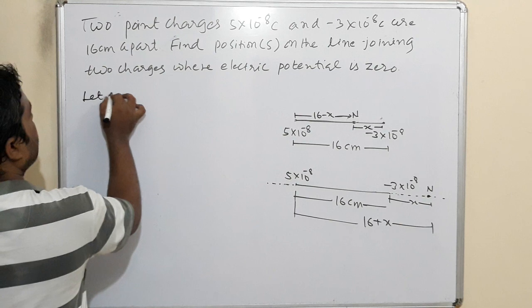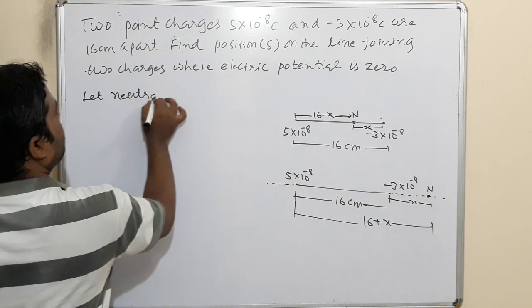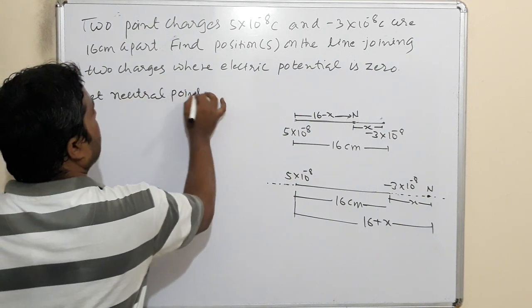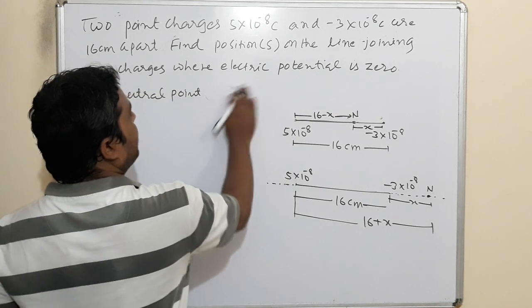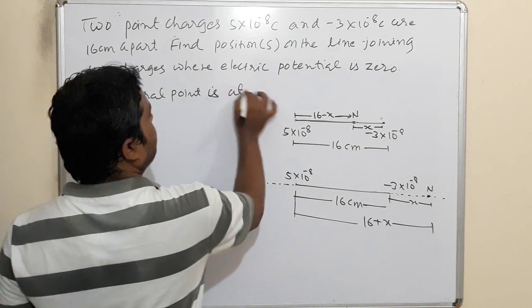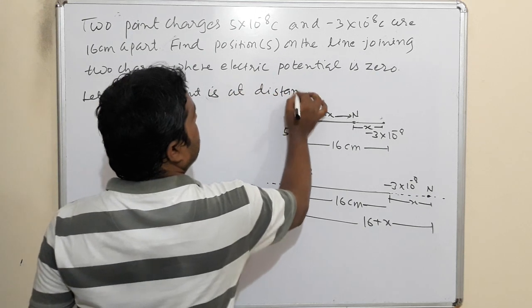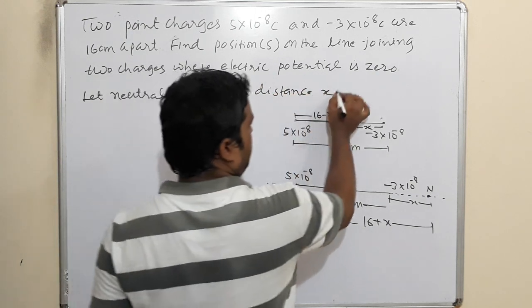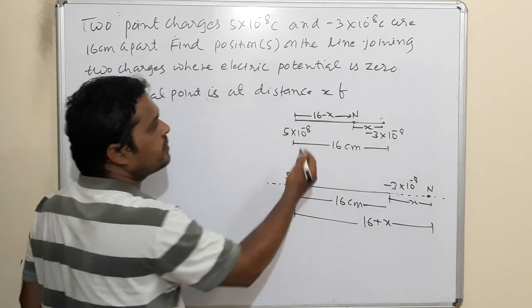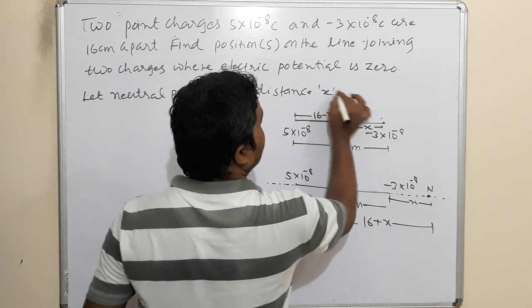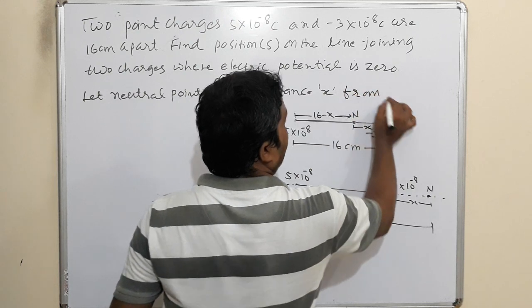Let the neutral point exist at a distance x. You should mention with respect to which charge you are taking x, at a distance x from which charge.